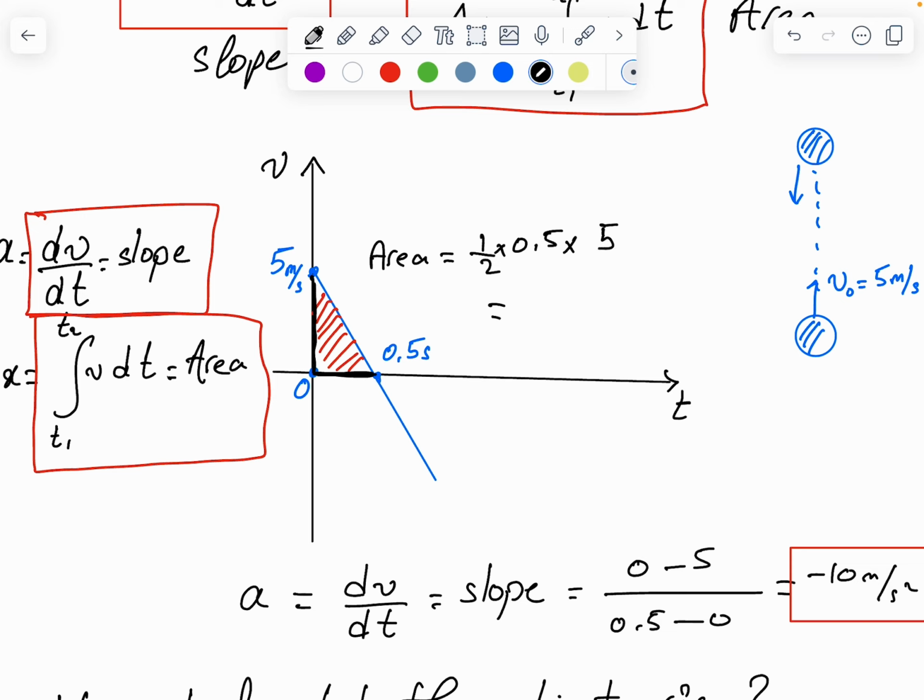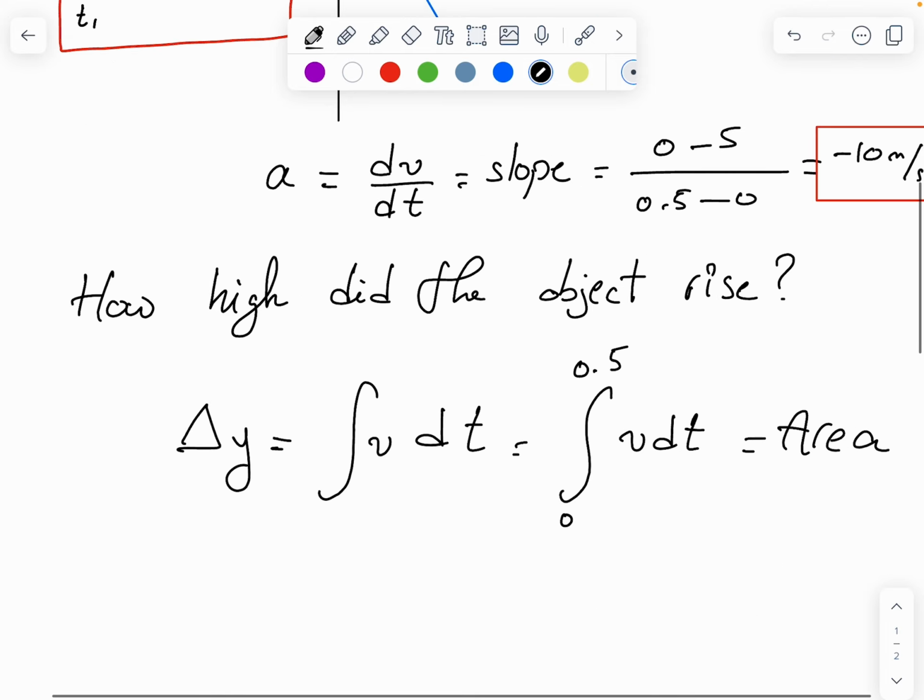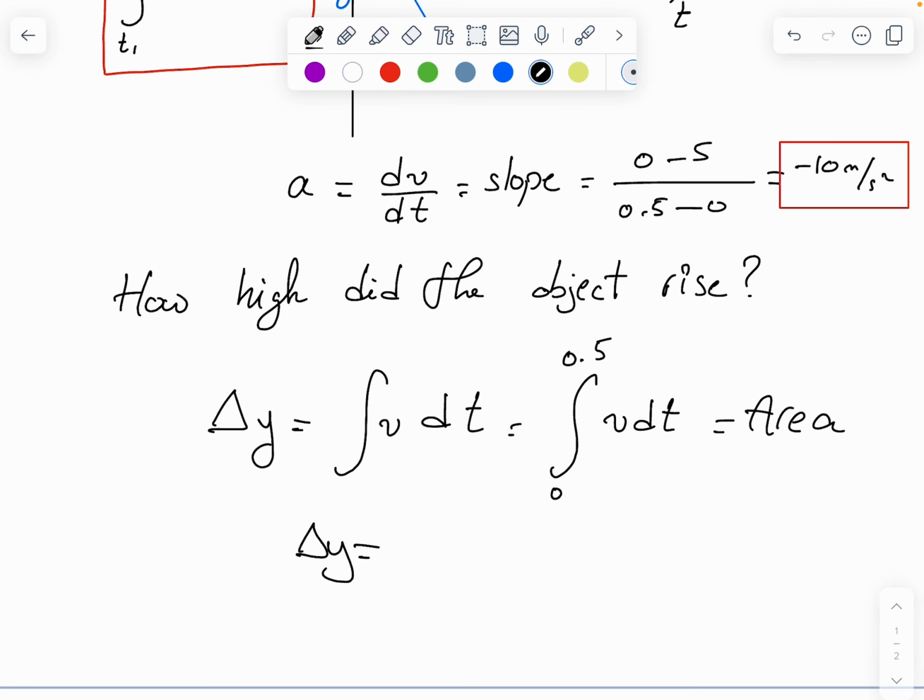So the answer will be 2.5 multiplied by 0.5, we do it step by step, and you have 1.25 meters, if I'm not mistaken. Yeah, 1.25 meters. So that will be the displacement. So delta y will be 1.25 meters. It's gonna rise upwards 1.25 meters.